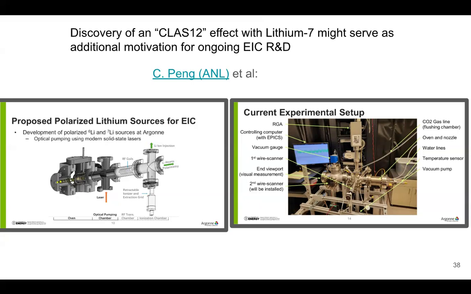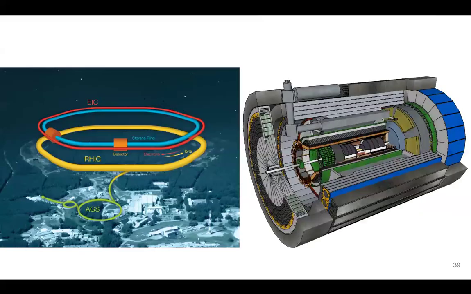They have an LDRD and other sources of funding, and technically it might be possible to do it if they're working on it, I assume. So we might have a polarized lithium-7 beam at the EIC. That would be interesting, and of course, higher energies at the EIC allow us to probe whatever we find at lower x. That's my hope, anyway.